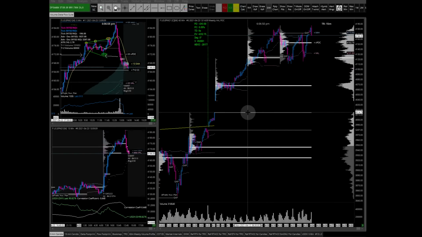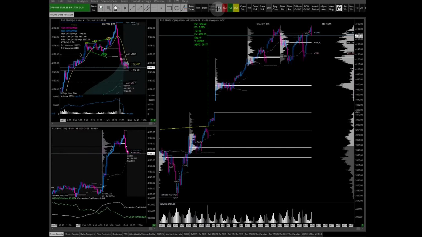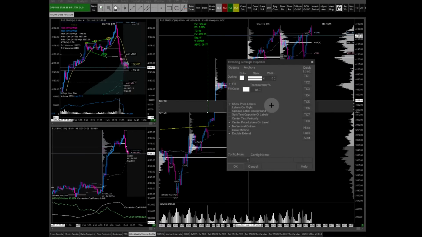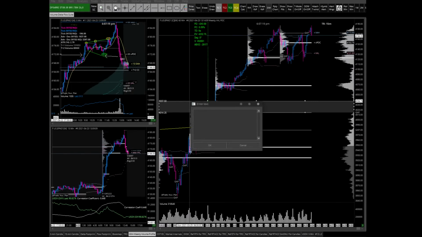So this one goes from 14 all the way up to 37. What I like to do is put a little bit of color on the chart here, and we'll modify this text and call it a gap.